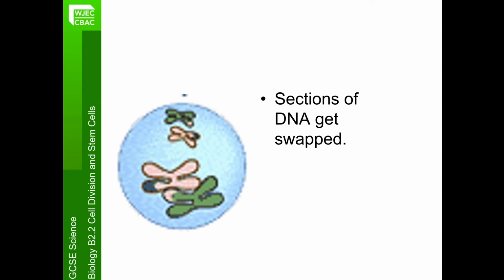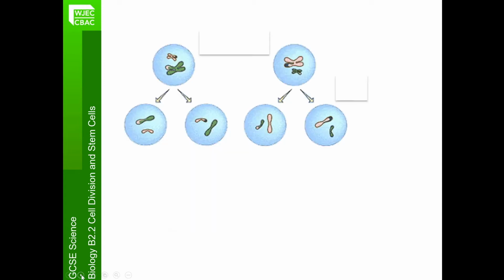You wouldn't have this mixing up of DNA. By mixing it up, your siblings probably have similarities, and they might have similar hair colour, eye colour, shape of facial features and things like that, but there will be differences between you as well. So crossing over is really significant to create variety or variation.